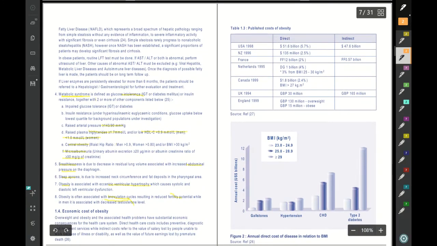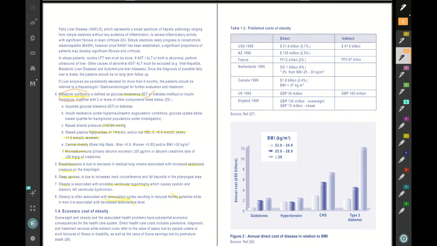Alright, so there's a condition, metabolic syndrome. So what is it? It is defined as glucose intolerance, okay? And not just that, it consists of two or more of the following list. So first, the patient will have impaired glucose tolerance, and then insulin resistance, and then blood pressure more than 140 over 90 millimeter mercury, triglyceride of 1.7 or more, and then their HDL is less than 0.9.